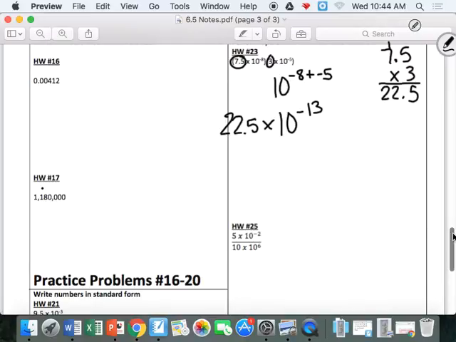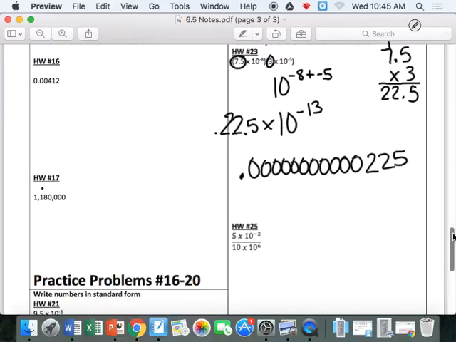Go left 13 places, which means how many zeros am I going to end up with? 11, because I go 2 places and then I need 11 more zeros to make 13. So 0.00000000000225. Tiny number. That's standard form. Only 3 significant digits, right?